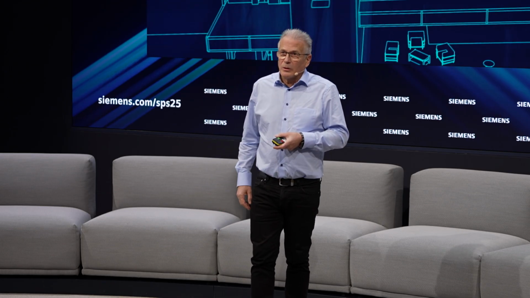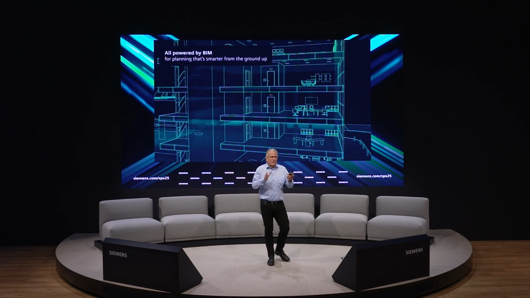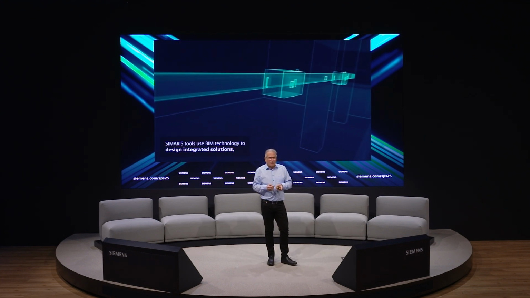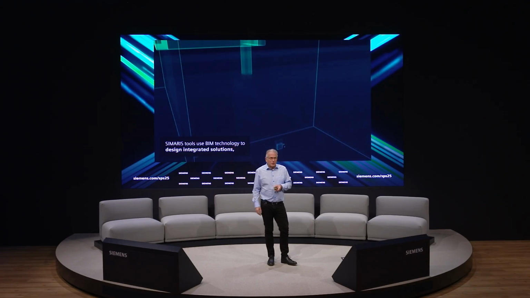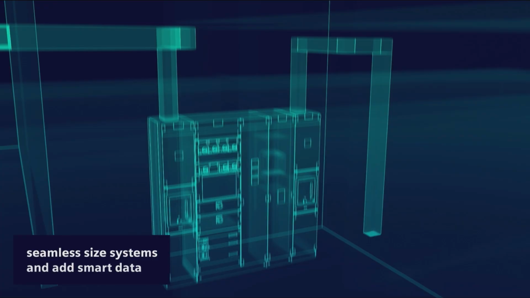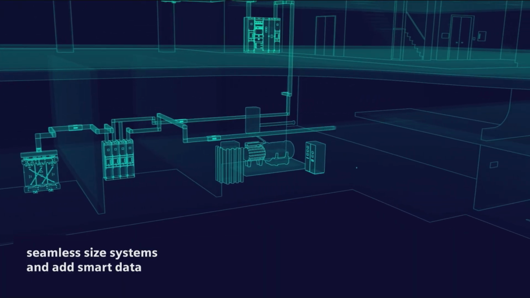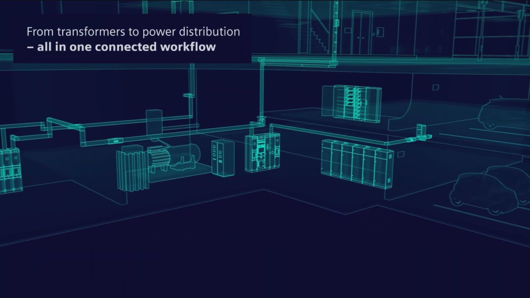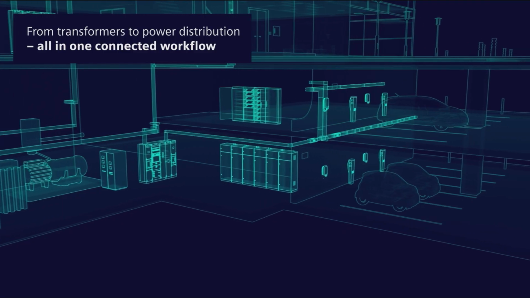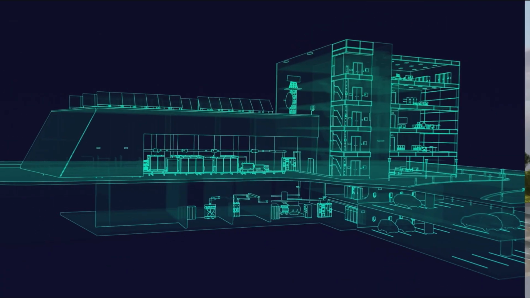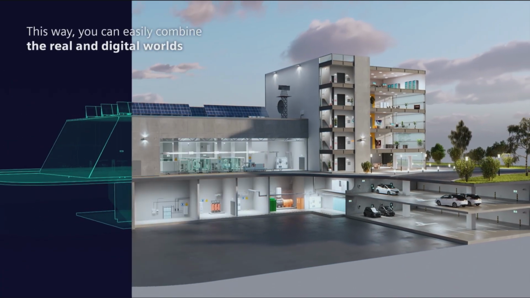What we are missing until now is having consistent data, used by all trades, in all phases of a project execution. And exactly that is the topic of BIM, Building Information Modeling. With Building Information Modeling, we define the way a digital twin is created.